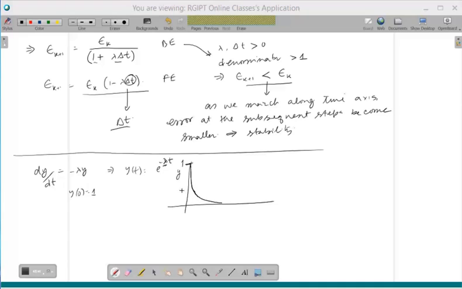So 1 by lambda you can call tau. Tau is 1 by lambda, so tau is a measure of the half lifetime except for some constant.